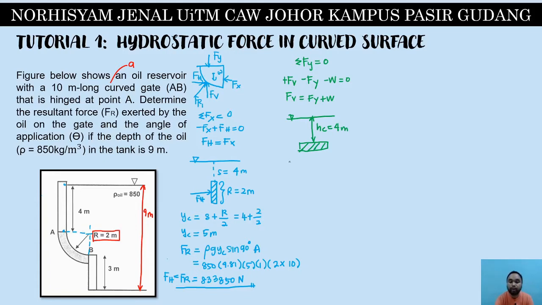So to find out Fy, it should equal to rho g HC A, which is 850 multiplied by 9.81. HC is 4, A is 2 times 10.